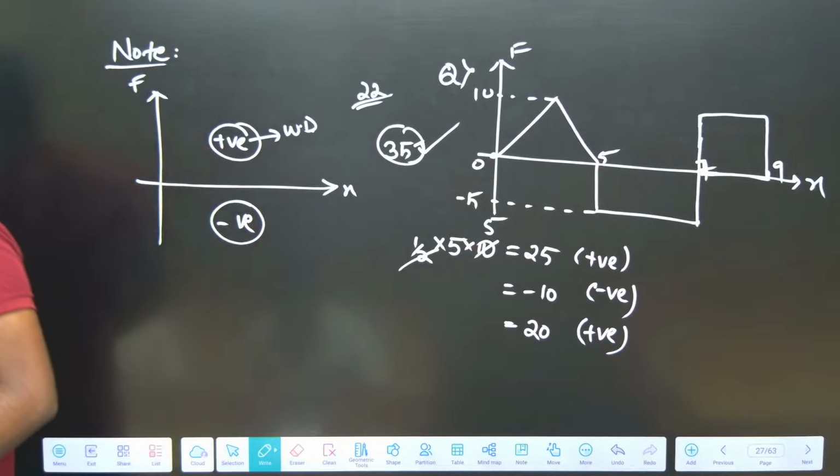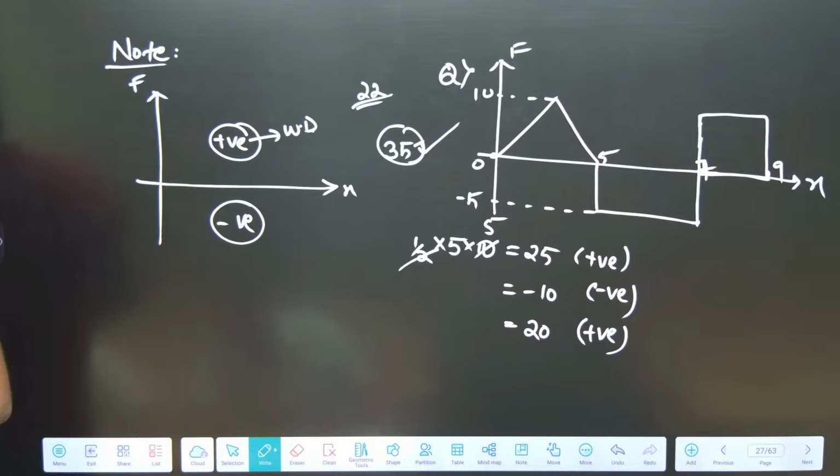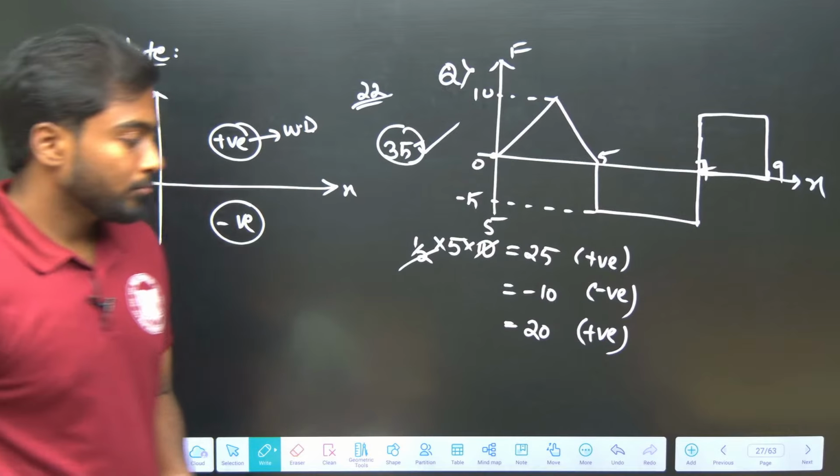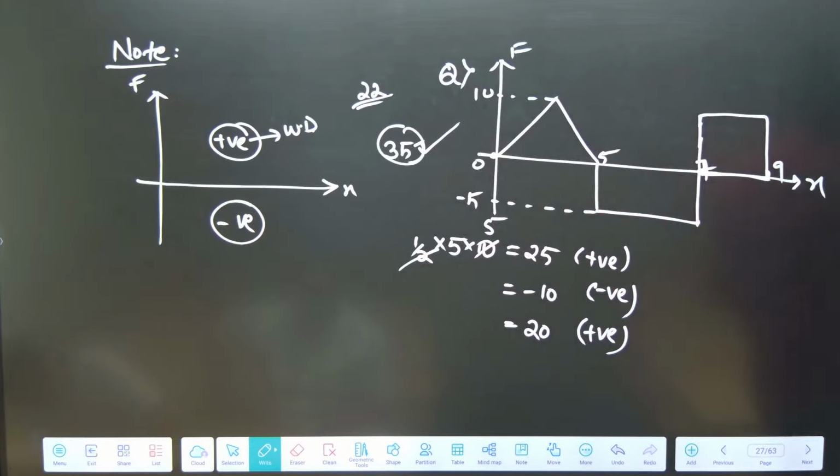Take it down. Done. We'll go for the next one.